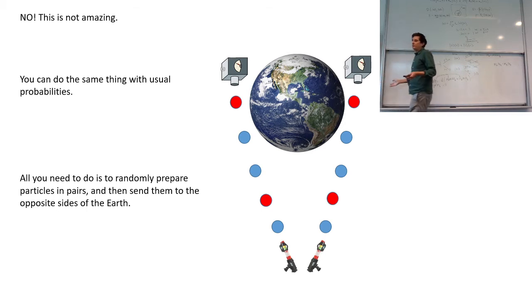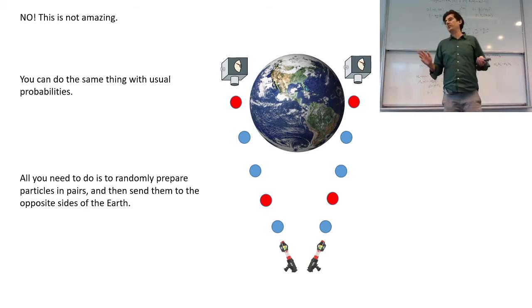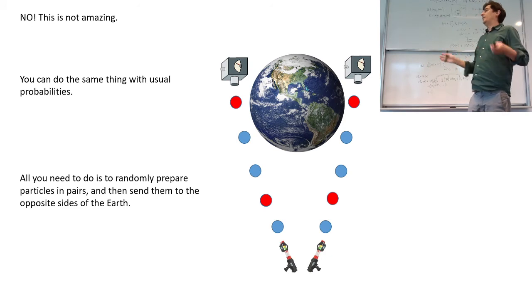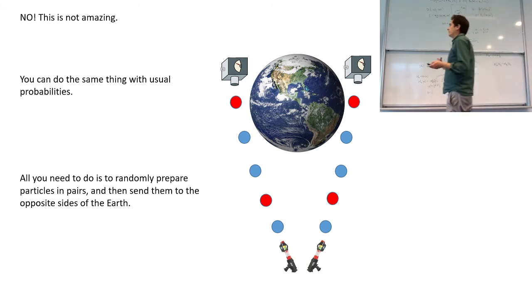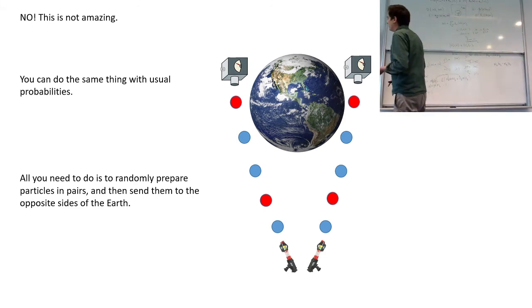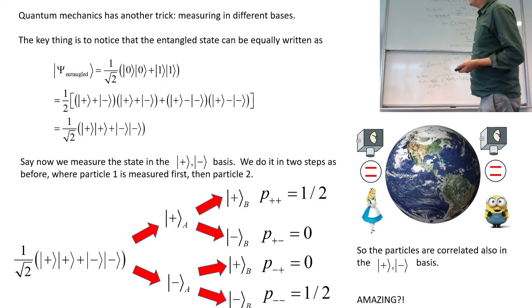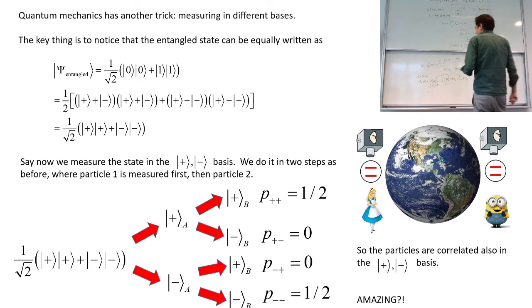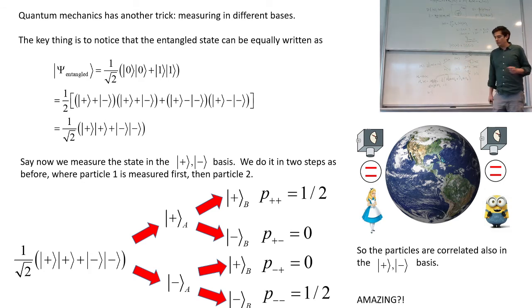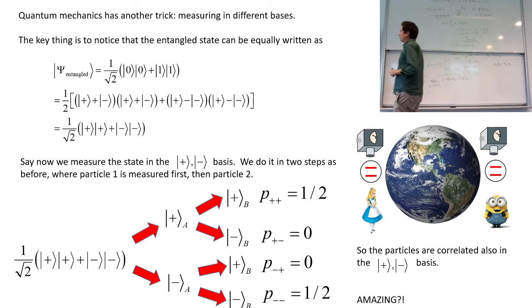So just having correlations is not anything amazing. We can do that all the time. So what's the amazing aspect of this? Well, the amazing aspect is not just that they're correlated, but you can also get the correlations in other bases.